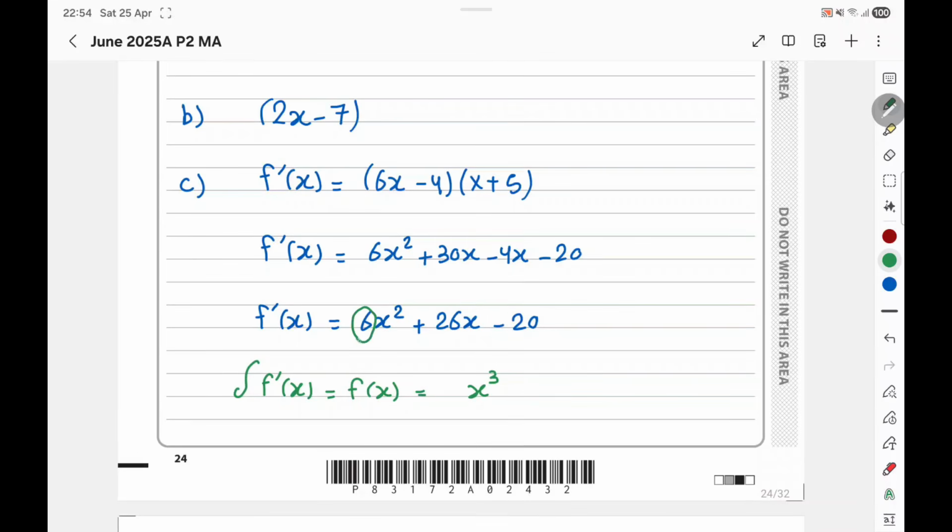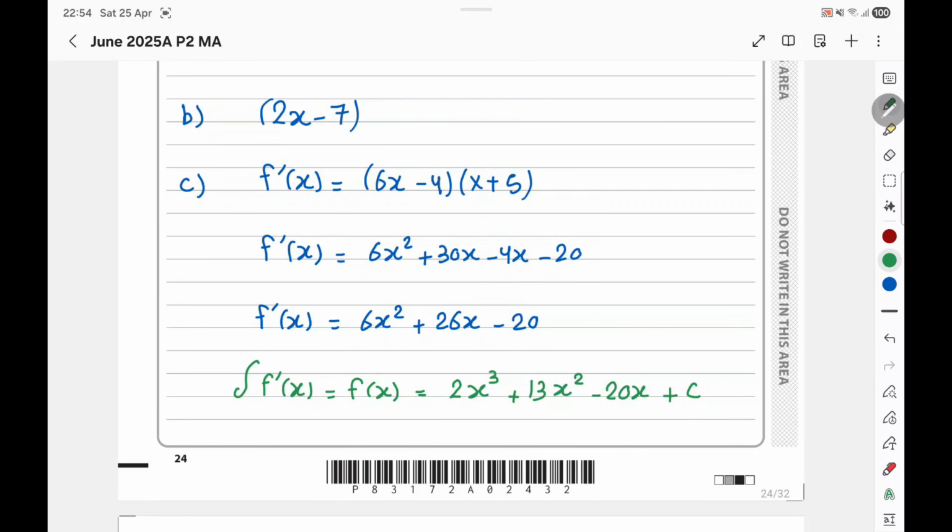Divide by the new power, 6 divided by 3 is 2. So it is 2x cubed plus, add the power, x to the power of 2, 26 over 2 is 13, negative 20x. Integration of a constant is putting x beside it. Then plus c.